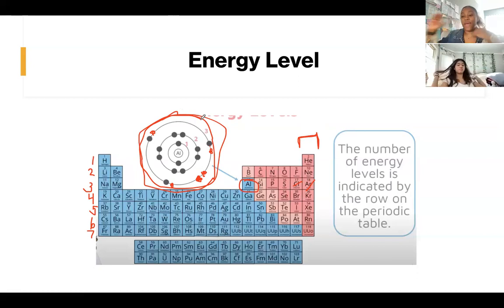So the minute you surpass that, for example, 19, because now we're at 18, the next orbital would have 19 electrons at the fourth level, which means that that's potassium.